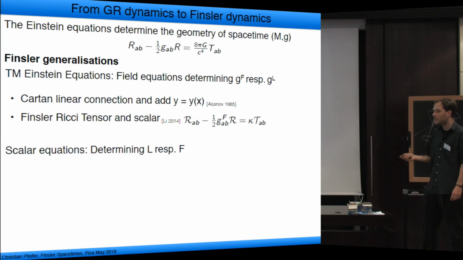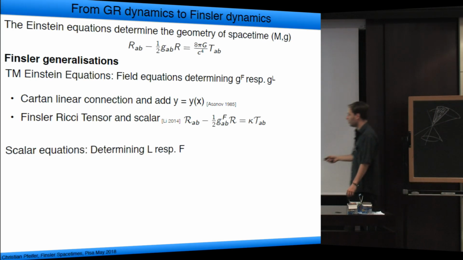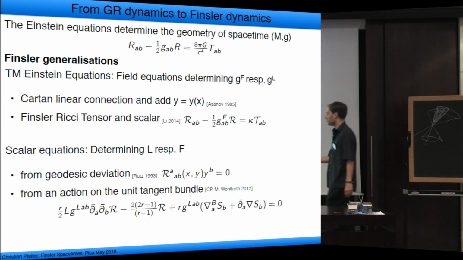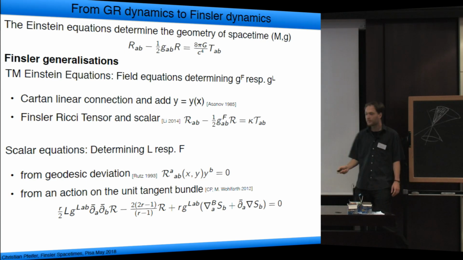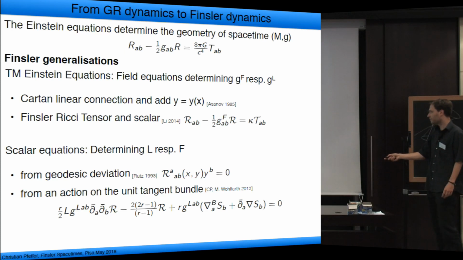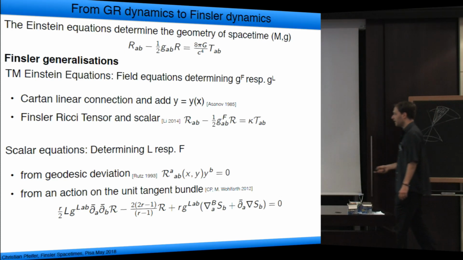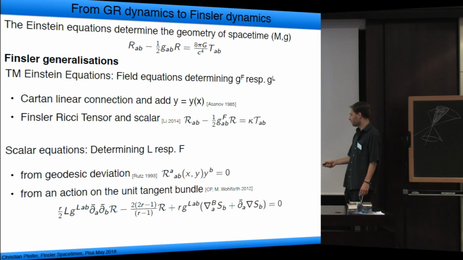Then the other class are scalar equations on the tangent bundle, which shall determine scalar quantities on the tangent bundle. And there's the one by Rutz, which is derived from the geodesic deviation equation, and they are the ones which we derived by variation of an action on the unit tangent bundle with respect to the Finsler Lagrangian.